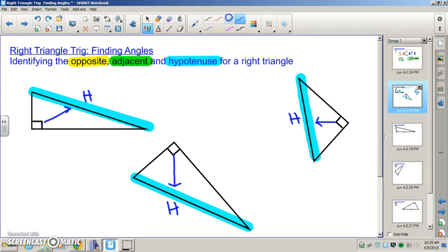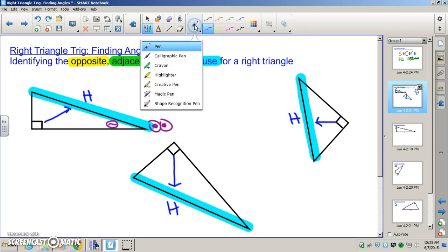Now the opposite and the adjacent depend on where you're looking from. What angle are you trying to find, or what angle are you trying to use? Let's say I put the angle in question right there. You can think about having eyeballs right there. When you have it in that position, the adjacent is attached to your eyeballs.